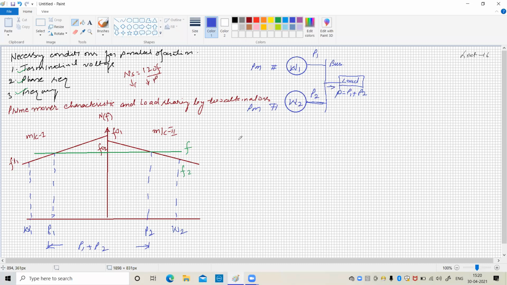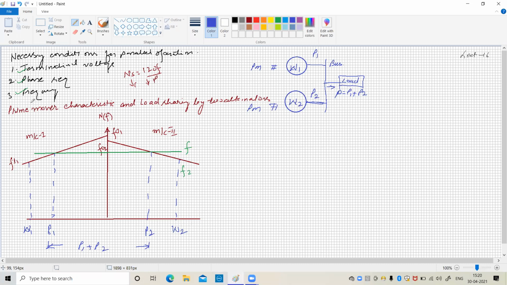Here there are two different prime mover characteristics. This is the no load frequency or no load speed. When the generator is loaded up to the full load, the frequency drops. This is the maximum frequency drop corresponding to the rated capacity. Similarly, for the second alternator, the no load frequency is F02 and the loaded frequency is F2, dropped for the rated capacity of the generator.